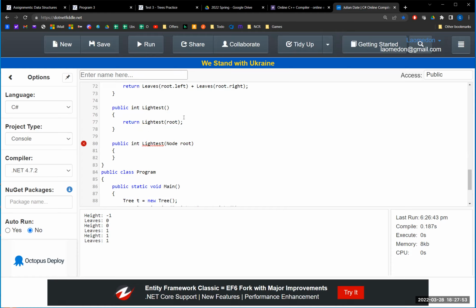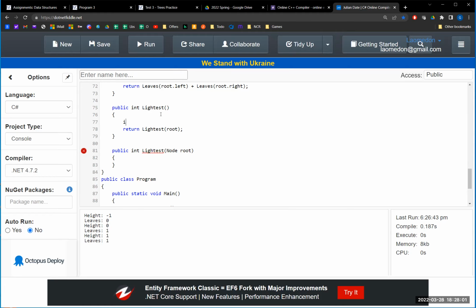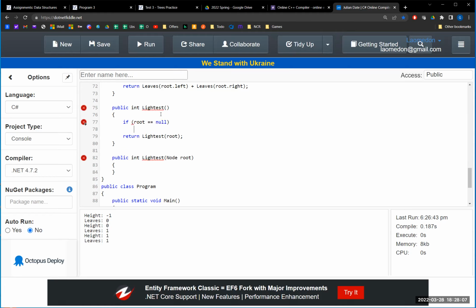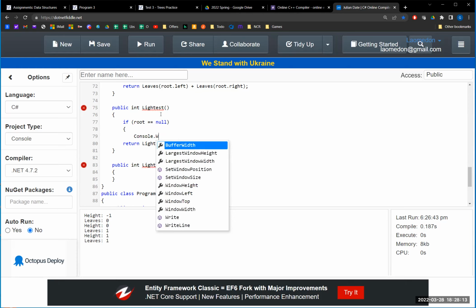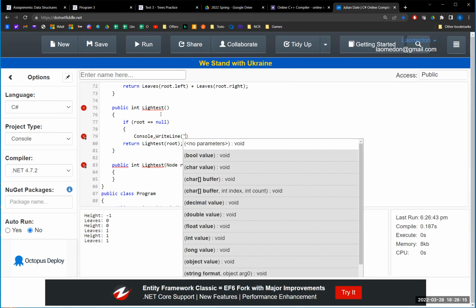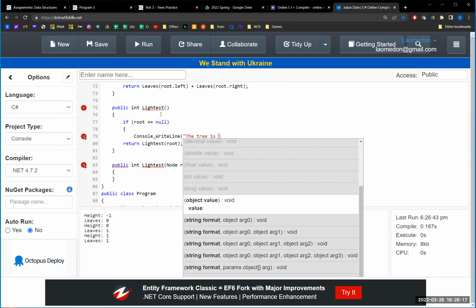And let's take, let's see here. It's going to have a seed value. So if the root's null, just spit out an error. Tree is empty.